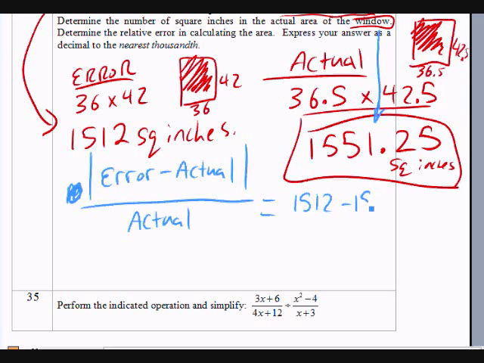The actual is 1551.25. We're going to divide that by 1551.25. Okay?